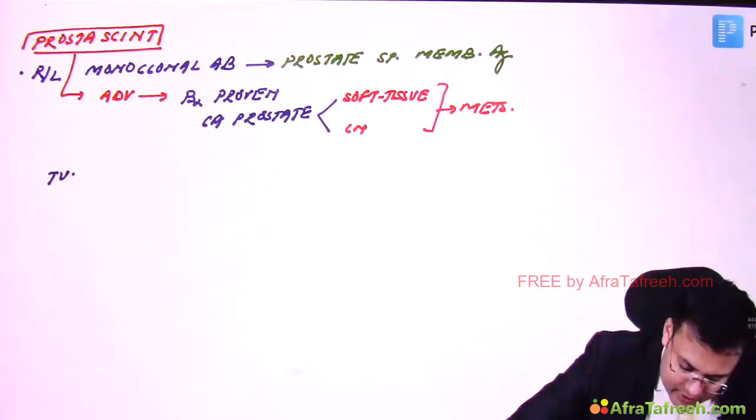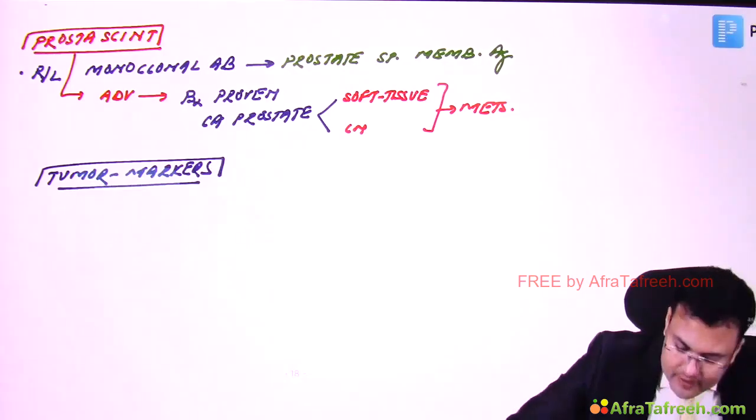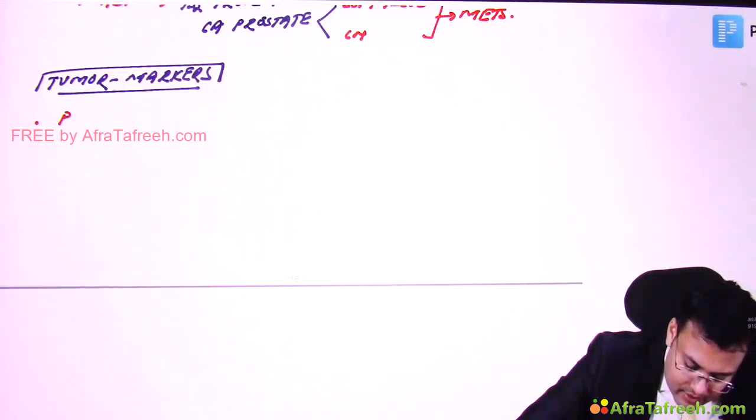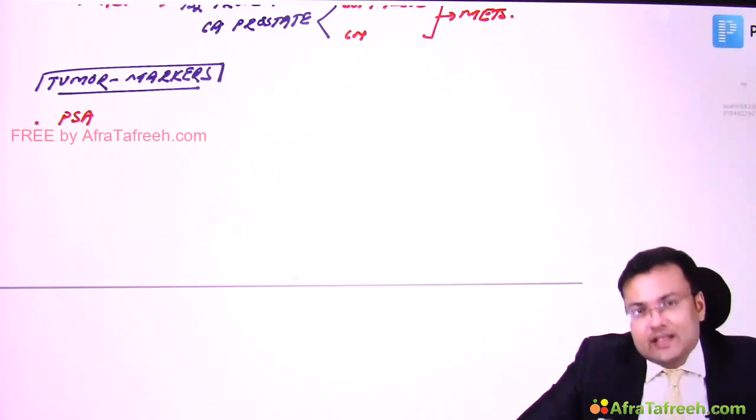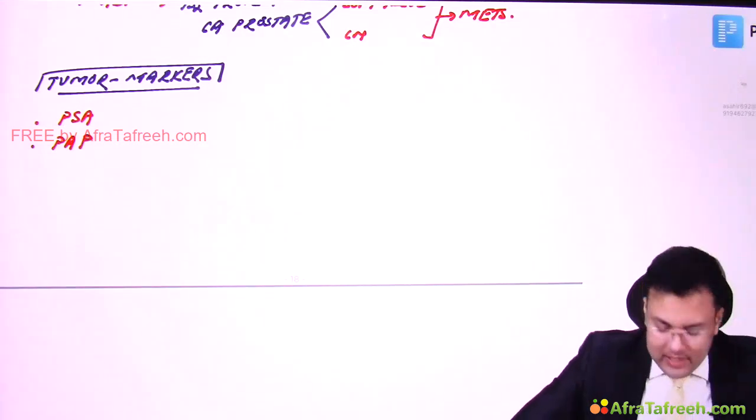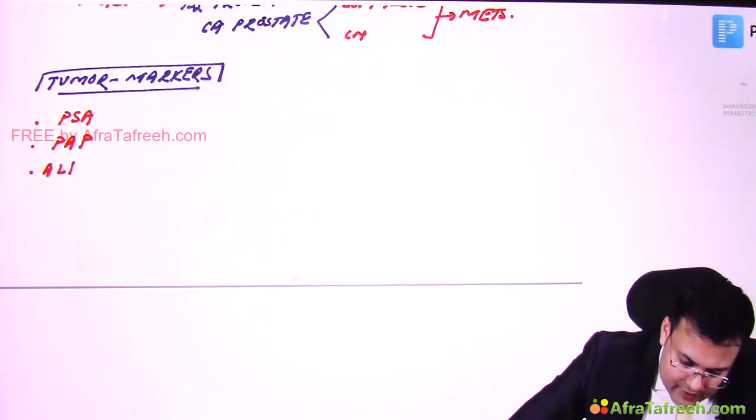Okay, so what are the tumor markers which are used in carcinoma prostate? This list is important, asked in surgery and pathologies. First is prostate specific antigen. Second is prostatic acid phosphatase. Third, alkaline phosphatase.